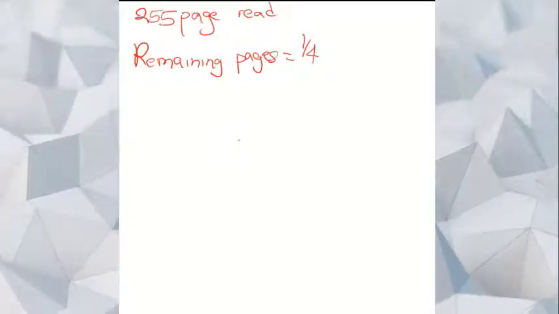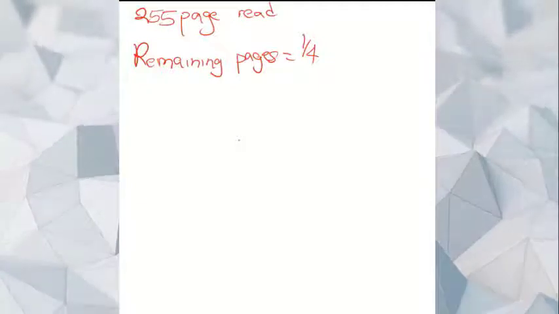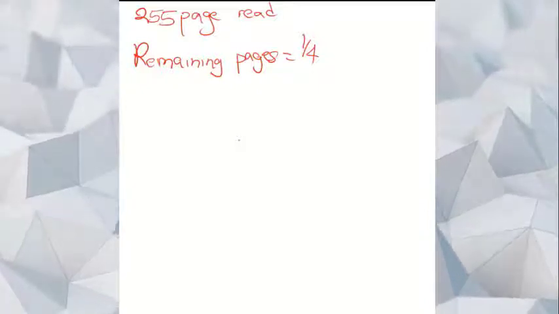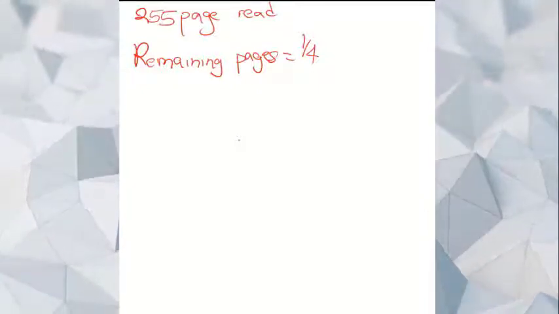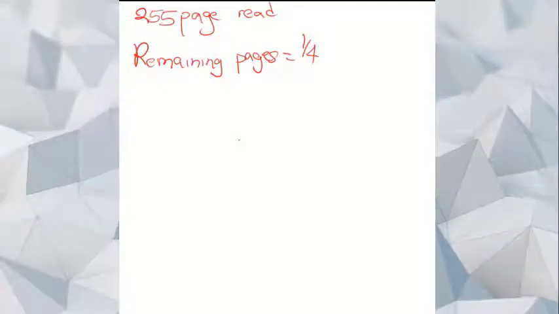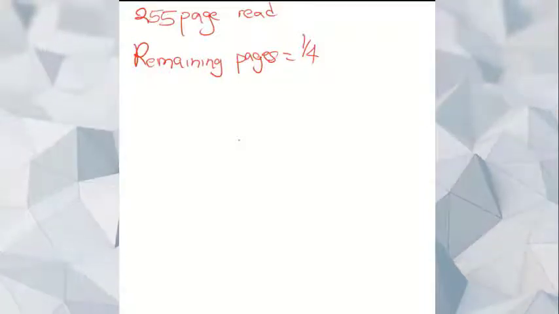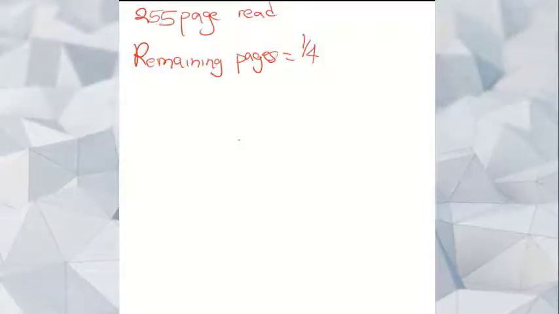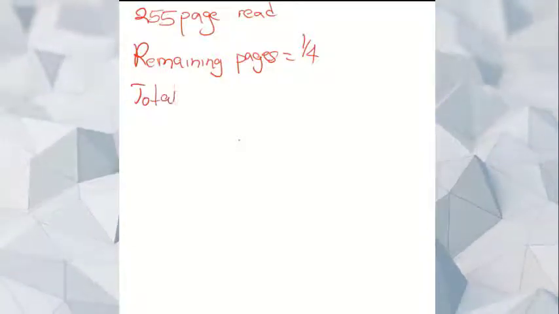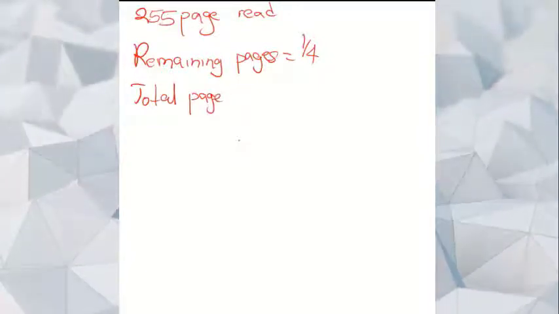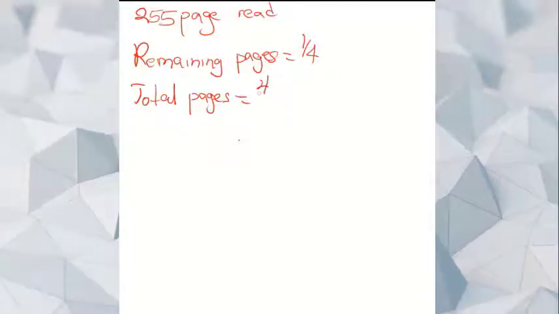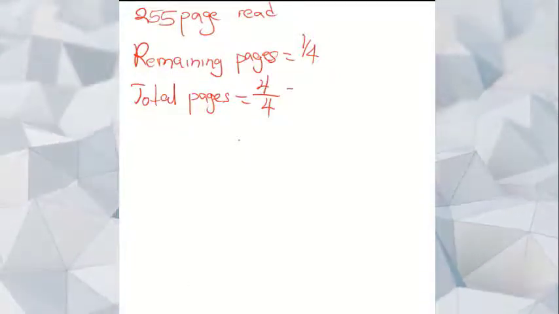So how do we know the total number of pages in that book? First of all, we know there is still 1/4 of the pages remaining. So it means that the total pages is equal to 4/4, which is the same thing as 1.